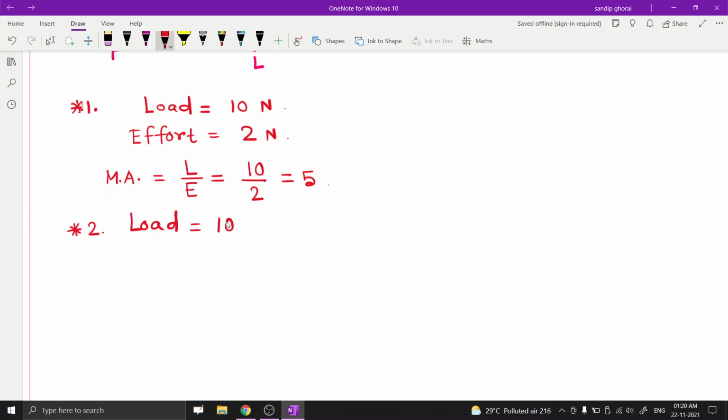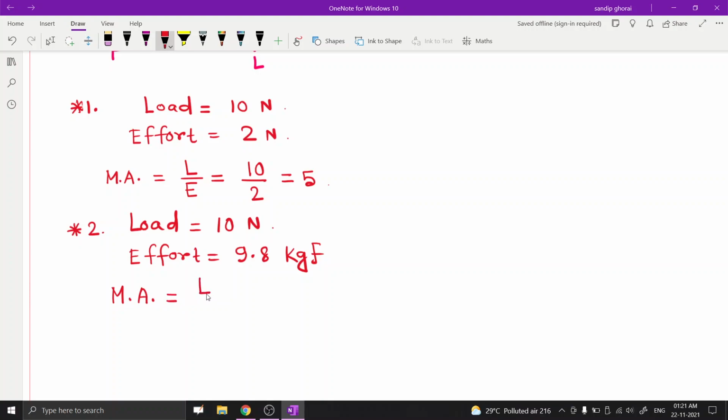Now we move to the next question. Suppose load is equal to 10 Newton and effort is equal to 9.8 kgf. Now how do we find the mechanical advantage?